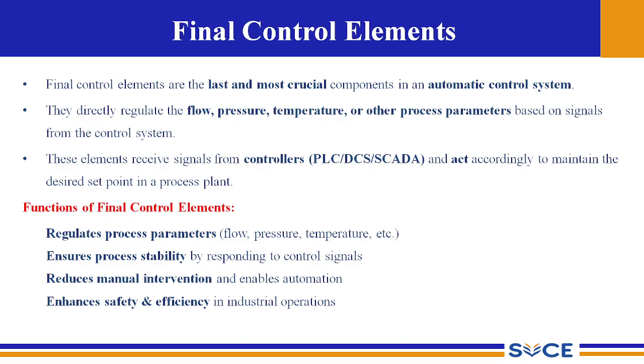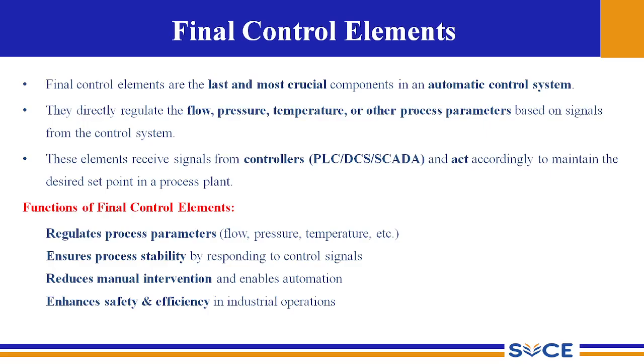The controller is going to send out the error signal, that is the difference in the set point and the measured values. Based on that, the controller is going to send the control signal to operate a valve or any instrument or a regulatory system. So the controller's signal has to be interpreted and put into action by the final control element.